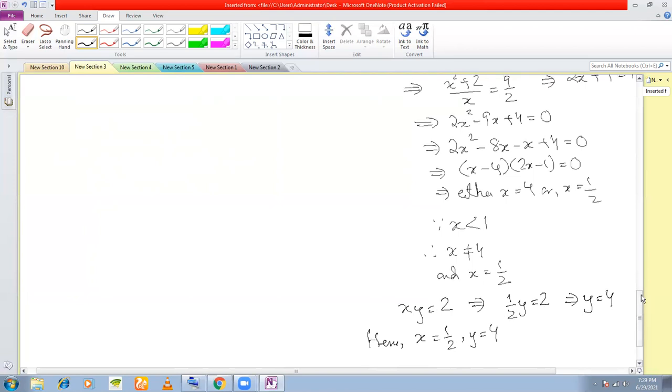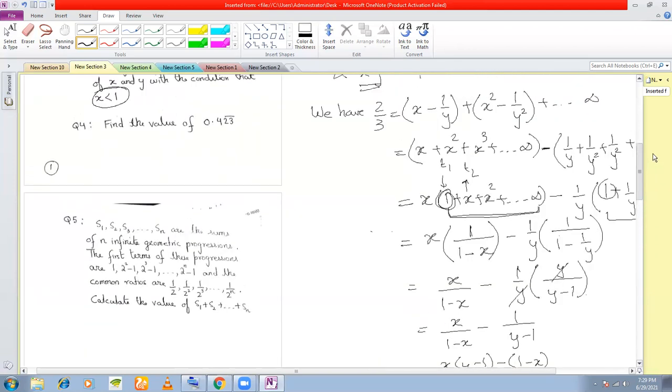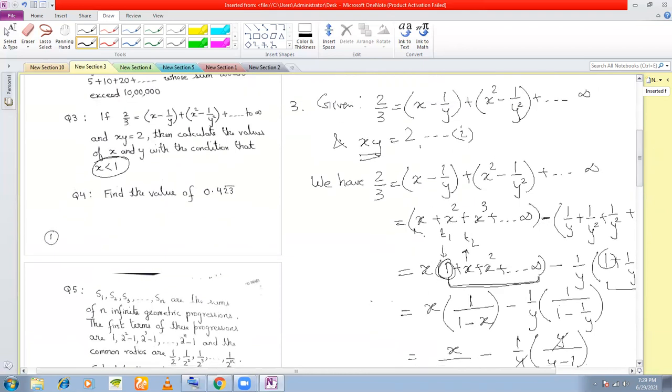Fine. Now I would just like to mention here again, just to remind you that we are summing up this GP only because mod x must be less than 1. And we can sum up this GP only when 1 by mod y, that is the common ratio, has to be less than 1. That is, mod x less than 1 means x must lie between minus 1 and plus 1.